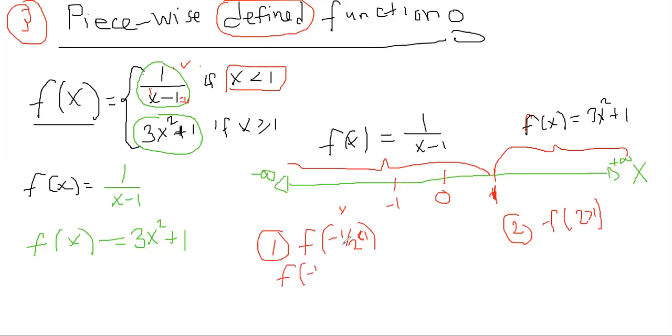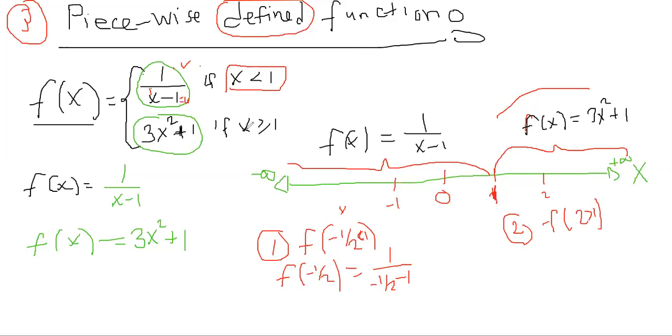And since this minus 1/2 is less than 1, we have to use this formula, that is 1/x. And x is minus 1/2, minus 1. In the second part, they said f of 2, and we know that this 2 is greater than 1. And if it's greater than 1, this is the part, because 2 will be around here. So this is the formula that we will use.